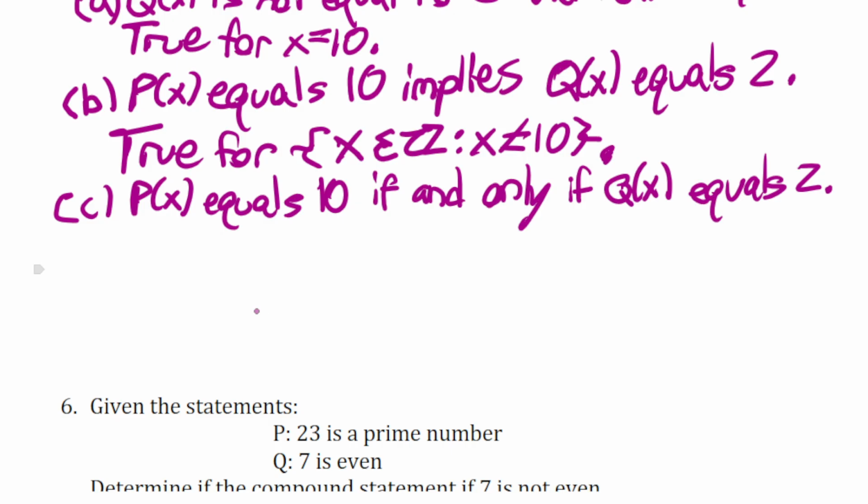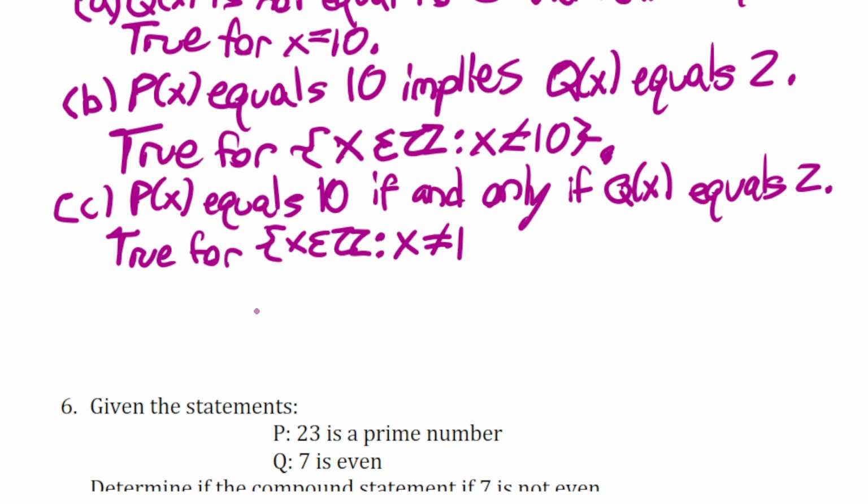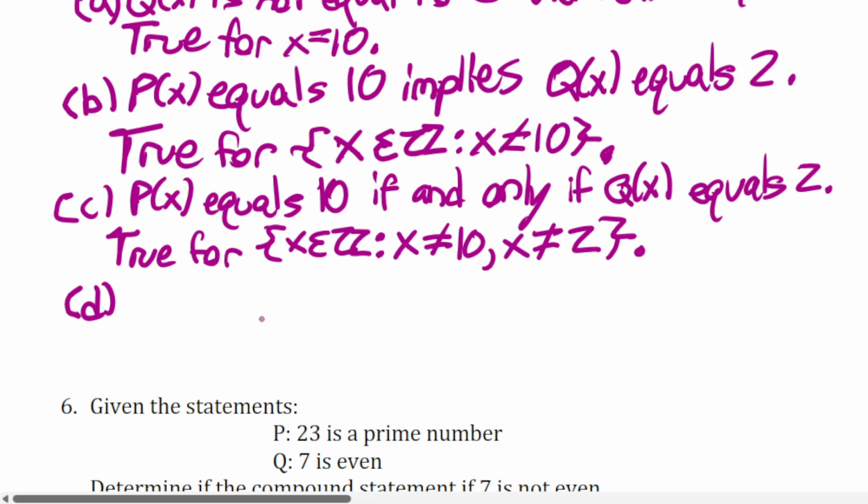Well, this is true for, we'll write it again as a set, because there is basically infinitely many truth values for this. It's true for every integer except for the solution, except for where x equals 10, or except x cannot equal 10 and x cannot equal 2. The solutions of the true values for the open sentences.